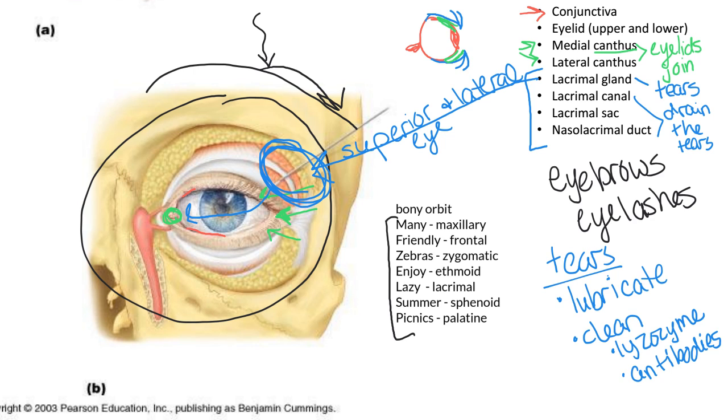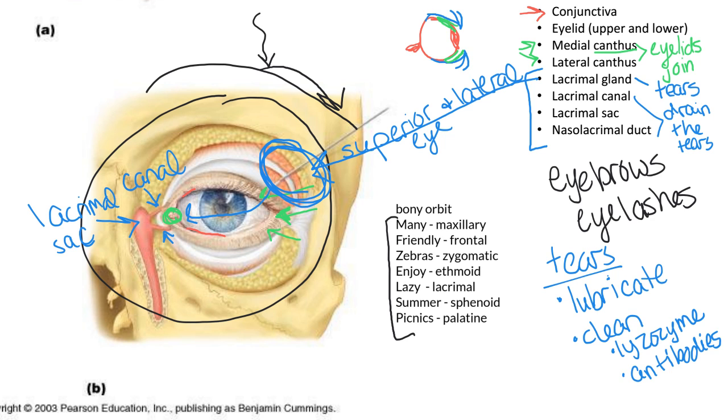And as we spread them across the eye, we spread them over to the lacrimal canal. Okay, the lacrimal canal is here where they're going to drain. So the lacrimal canal will help drain those tears from the eye into the lacrimal sac. In case you're not catching on, lacrimal is tears.